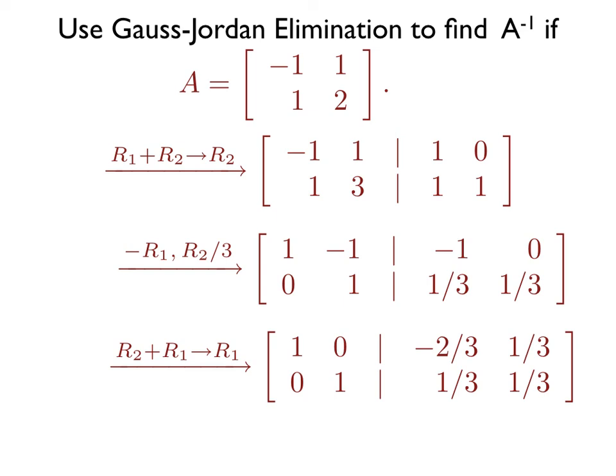By doing these Gauss-Jordan elimination steps and turning the A into the identity, now I can actually read X directly, because for the first right-hand side, we see the solution would be minus 2/3, 1/3. And for the second right-hand side, we see the solution would be 1/3, 1/3. So we found the X matrix at this step.